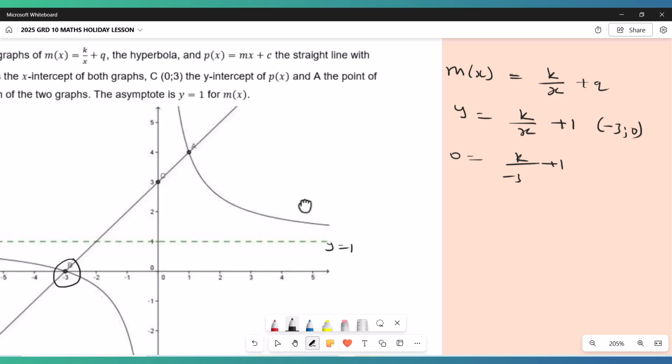So this k over negative 3 can cross the equal sign to become positive k over 3 equals 1. So therefore our k equals 1 times 3, which is positive 3. That's how I find the value of k and the q, because we need the function. So our function, which is a hyperbola, is m of x equals 3 over x plus 1.